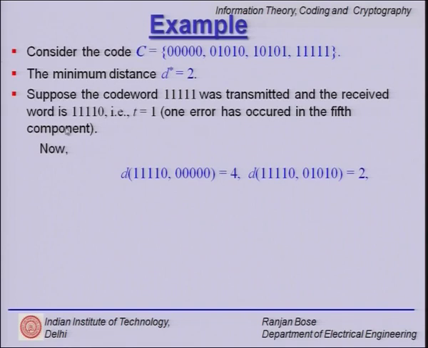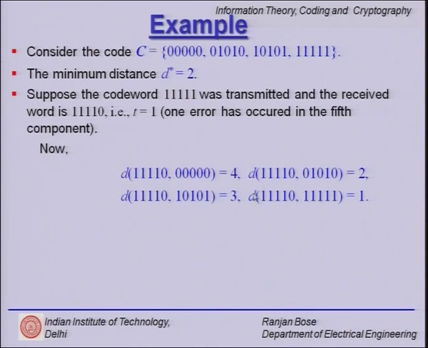So, you can find out the Hamming distance of this received vector with each one of the 4 code words, and I find that the distance is least with respect to 1 1 1 1 1.